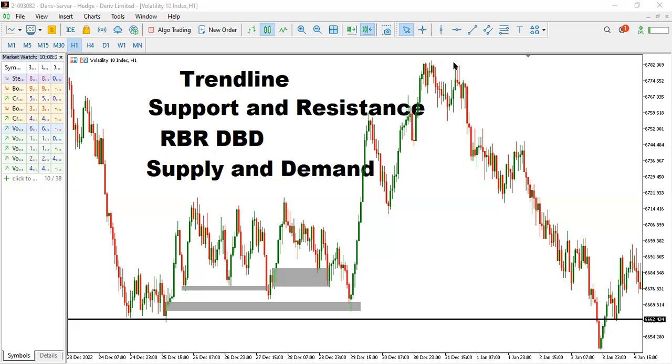So far, which pattern are you comfortable with? Actually all of them, but trend lines sometimes don't work.